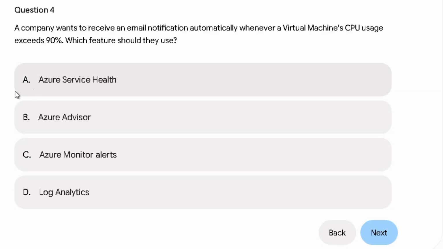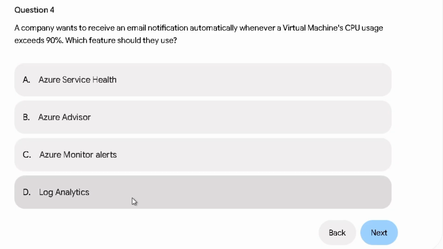So let's see. Azure Service Health, remember, this is my doctor, guys. The Azure Advisor gives me recommendations, so that's incorrect. Azure Monitor Alerts, this is the correct answer because I want something that monitors and alerts me. It's going to monitor, and if it goes above 90, it's going to tell me.